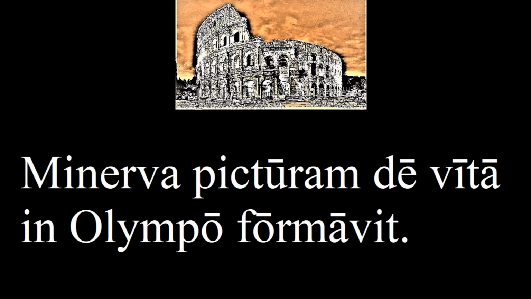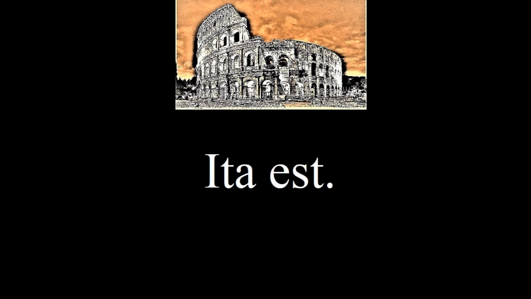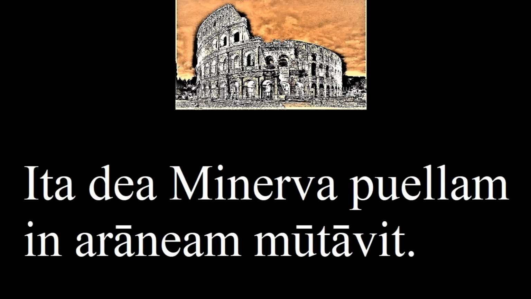Now, can you remember how to say yes in Latin? Ita est. If you remember, this literally means it is so. And which word means so? Ita. The next sentence will begin to explain Arachne's name. Ita dea Minerva quam in Arachnem mutavit.